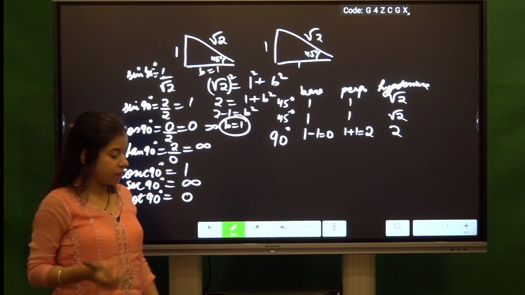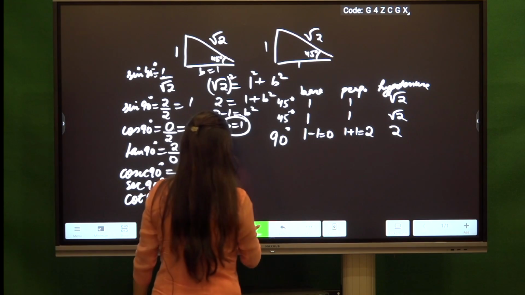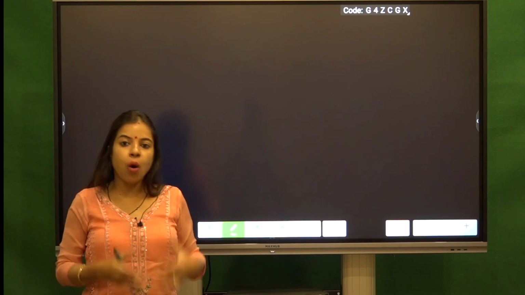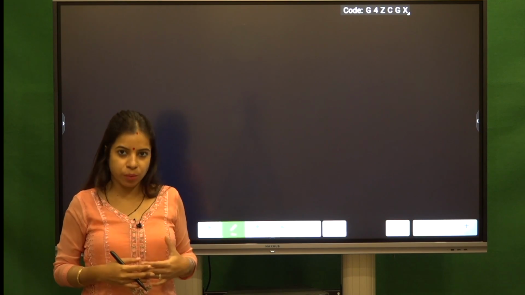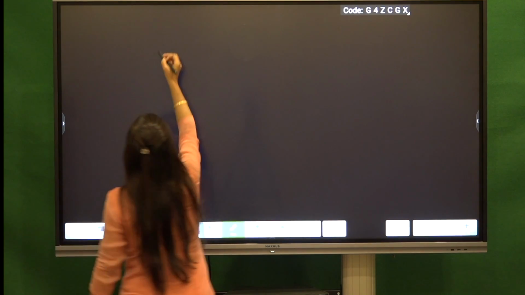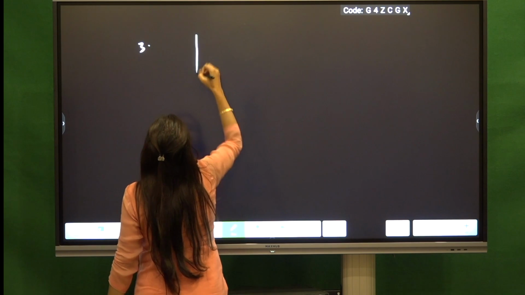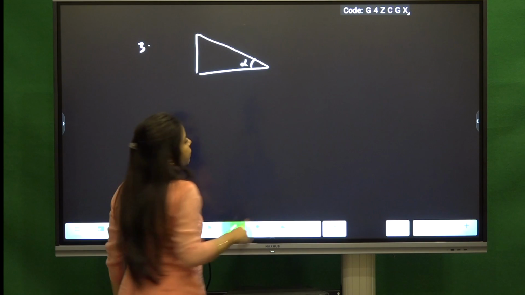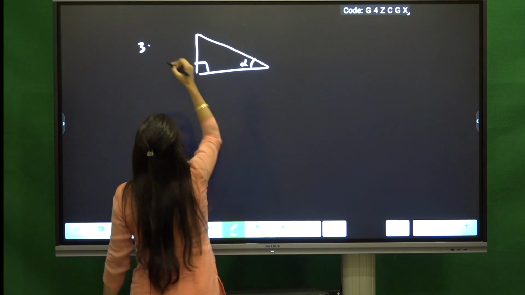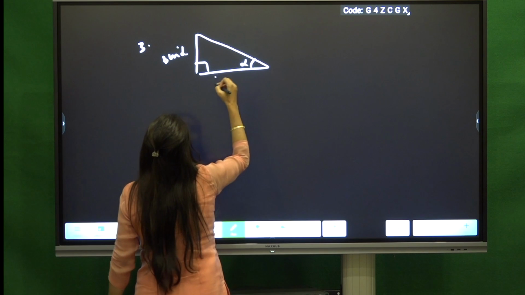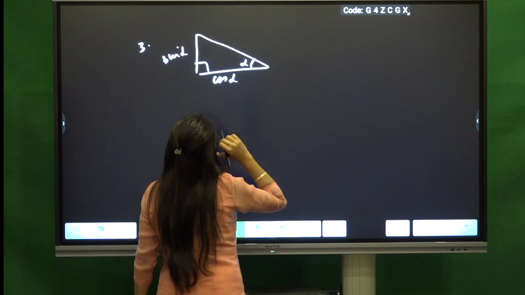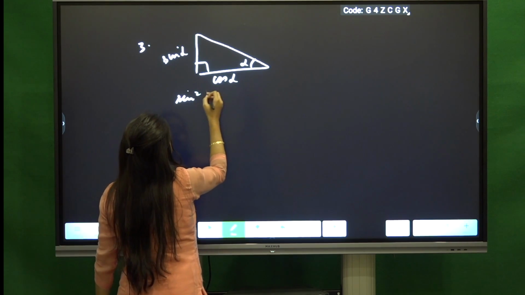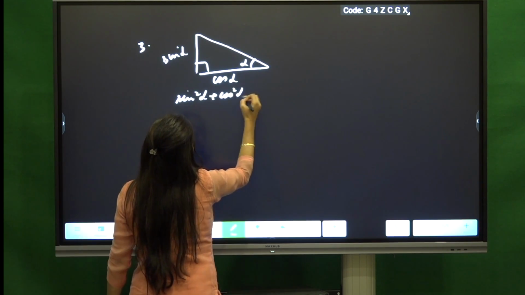Okay. Let us take one more example where we are going to find the formulas for some of the trigonometric identities. Let us see how. So, let us take this as alpha, sin alpha, cos alpha, and we know that sin square alpha plus cos square alpha is 1.